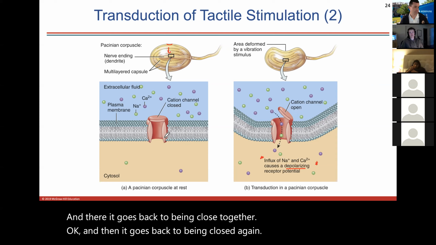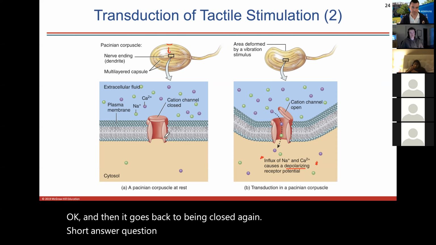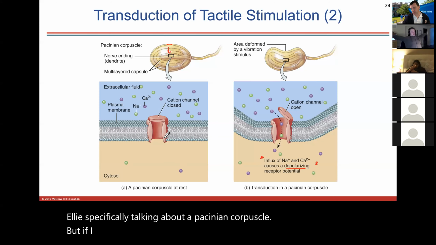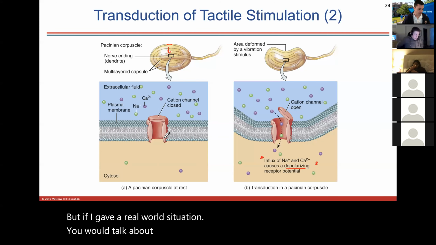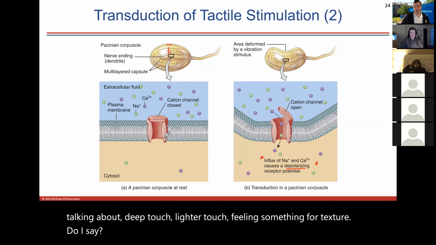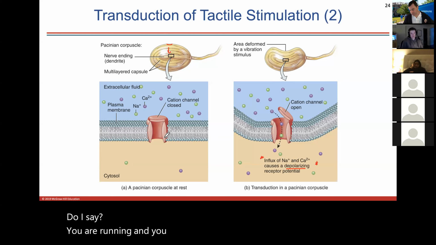Short answer question? No, probably not, at least specifically talking about a Pacinian corpuscle. But if I gave a real world situation, you would talk about Pacinian corpuscles. You would talk about whether I was talking about deep touch, lighter touch, feeling something for texture. Do I say you were running and you tripped, do I give a real world situation?